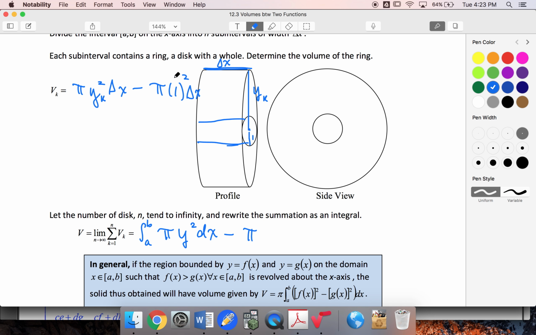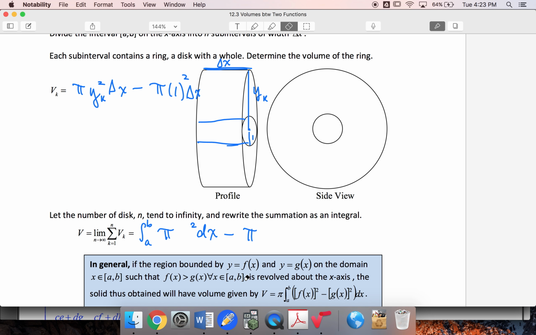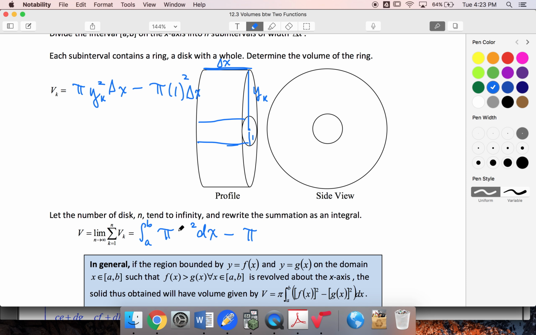In this case, it was a constant of 1, but it might be a second function, defined by g of x. So I would need whatever that radius is. Here, I've got my first radius, the one that's bigger, and we've said that f of x is greater than g of x. So we would have pi f of x squared minus pi g of x squared dx.